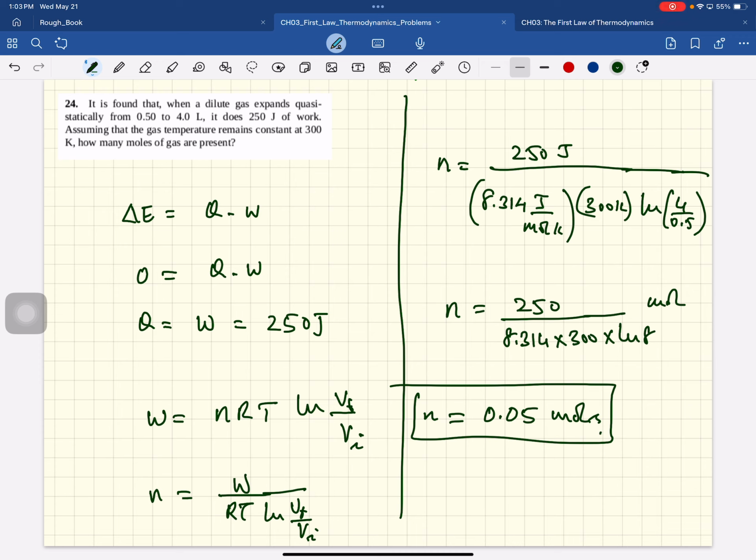So 0.05 moles. So this was an isothermal process, and the work done in the isothermal process is given by that.